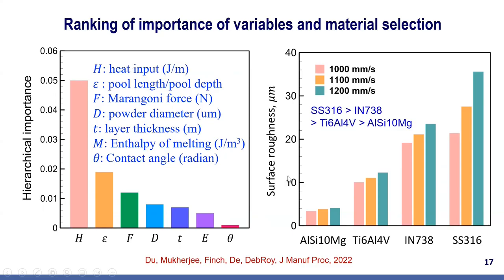The surface roughness index for different materials under similar processing conditions shows that the casting alloy, aluminum tin silicon magnesium, is the best, and stainless steel 316 is most susceptible to rough surfaces.